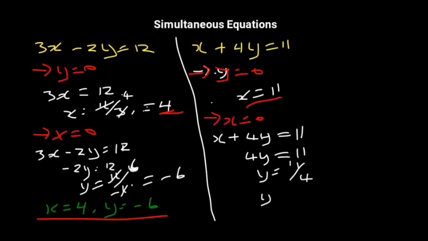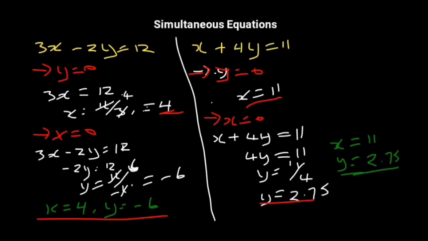And then when that is simplified, we'll have y is equal to 2.75. We've got our value for x as 11, and we've got our value for y as 2.75. So we've got our two x values and our two y values.